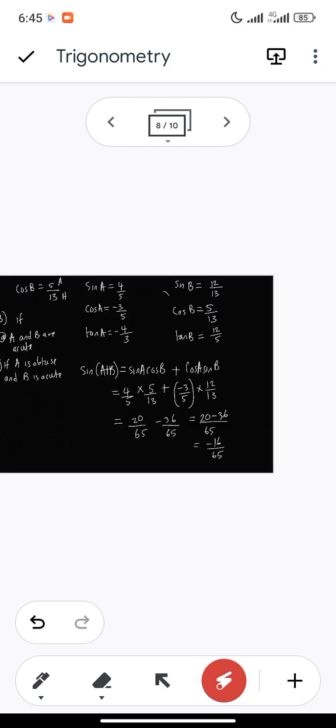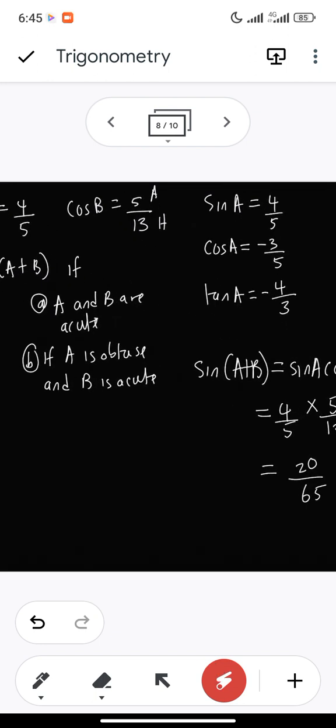Now, let me review. The first example says that both of them are acute, so we understand that normally. The second example says that A is obtuse. So in this, remember what we said, that if you have a quadrant CAST, you have the quadrants this way.